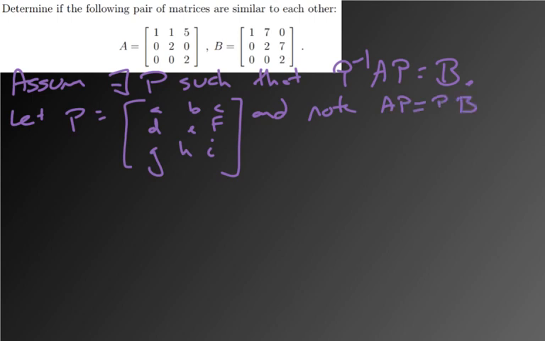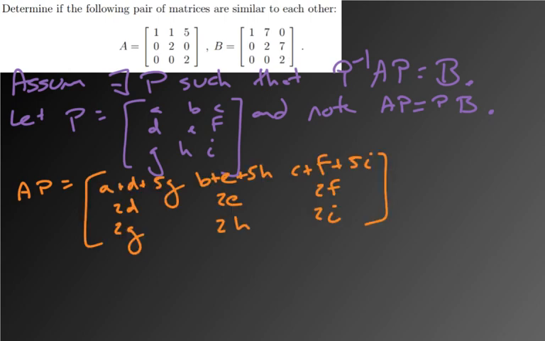That's another way to write the similarity equation. So this is where the cool little thing comes in. If you do A times P, you're going to get the following matrix. And if you do P times B, you're going to get this matrix.